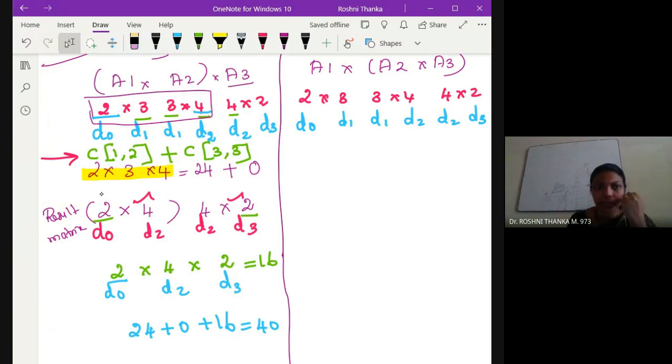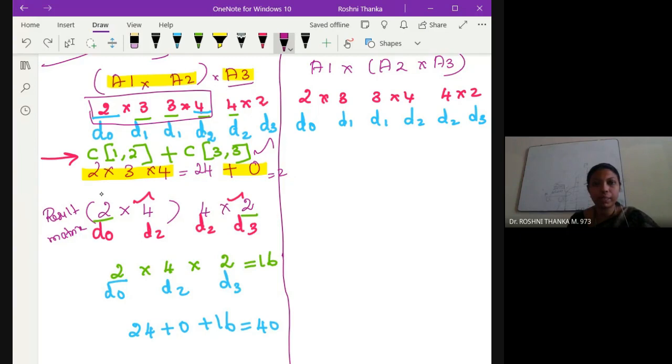The cost of multiplying these two matrices. After that, this is added with this matrix. To multiply that matrix, it is only one matrix, so the cost is 0. So here we got the answer as 24.